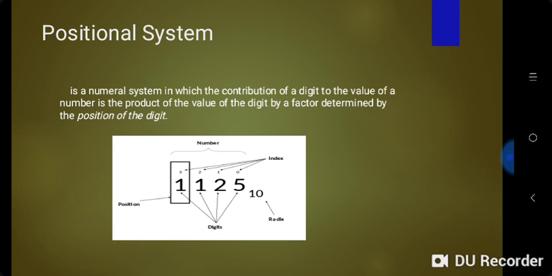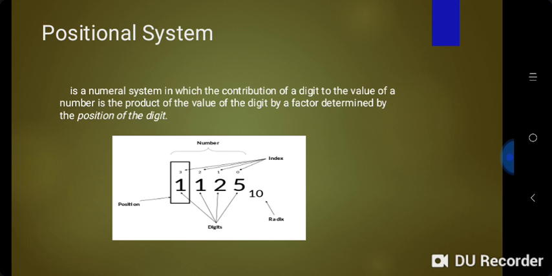Then, as you can see, the subscript is what we call the radix or base, because the positional system uses bases to compute or to convert numbers. As we go on, we will understand what a base or radix is all about.